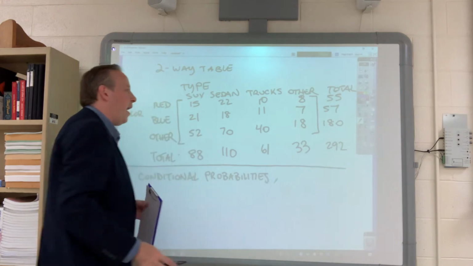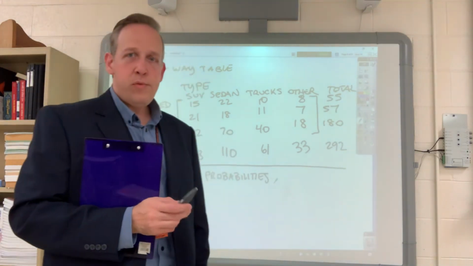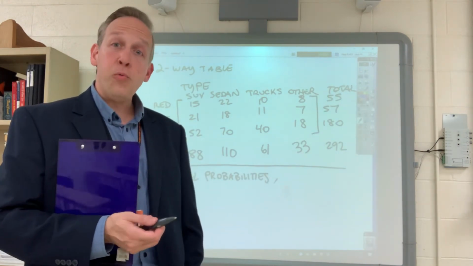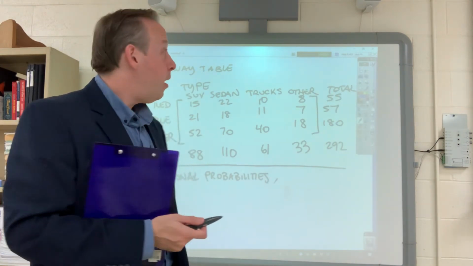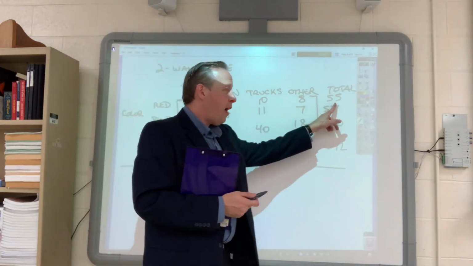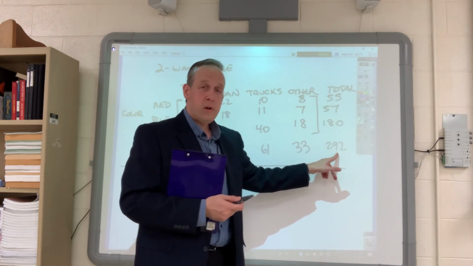What if you're asked, at this parking lot, chosen at random, what's the probability of finding a red car? Well, red cars account for 55 of the 292 cars.